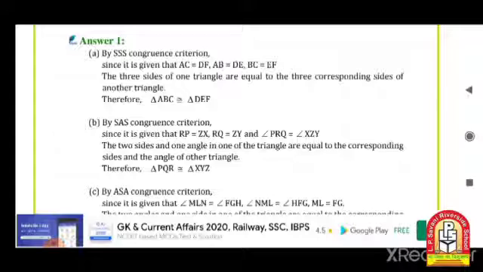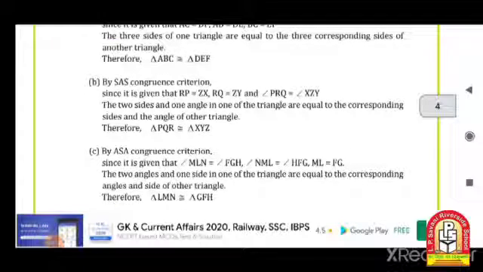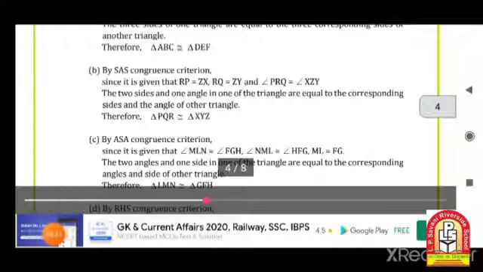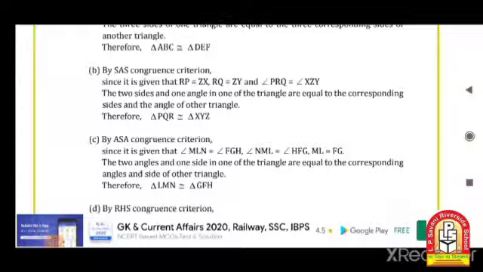Since it is given that RP is equal to ZX, RQ is equal to ZY and angle PRQ is equal to angle XZY, then triangle PQR is congruent to triangle XYZ. Then after we have to take ASA, that is angle side angle: angle MLN is equal to angle FGH. So in this way, by using these three criteria, you can solve any kind of problem.